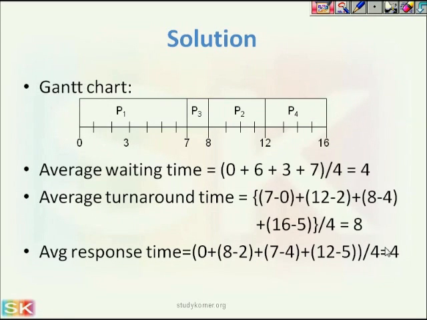So you can compare here the average waiting time, average turnaround time and response time with your FCFS algorithm, right? If you execute this system with FCFS, definitely these times will be greater than the SJF algorithm, right?